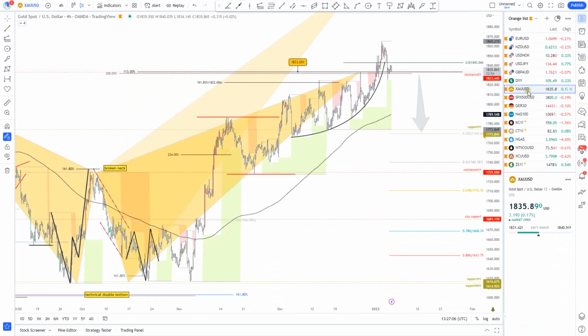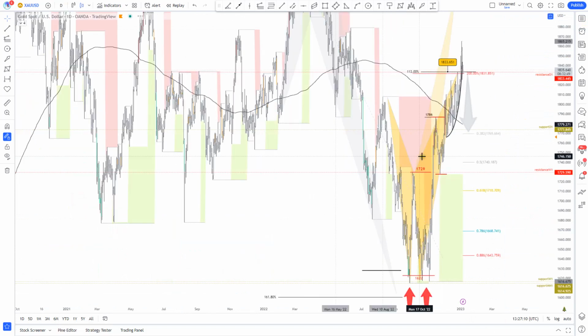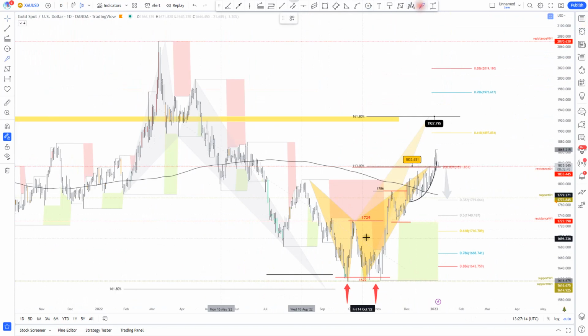Let's go to gold. Let's cover gold on a daily time frame. I shared this chart before. This was one of my last positions to the upside on gold. I shared this also on Twitter, saying the violation of this resistance 1729 may trigger a momentum to the upside.